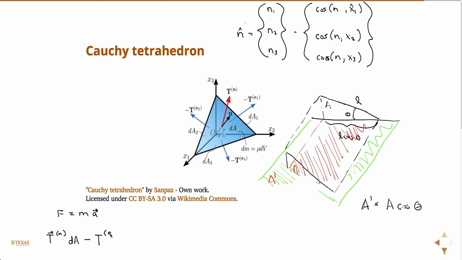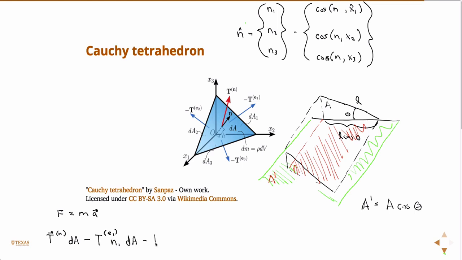T E1, and I want to write it in terms of dA1, but using our rule here, dA1 is dA times the cosine of the angle between them, and the angle between them is the unit vector component, as we defined it up there. So then what I'm going to have is N1 dA.